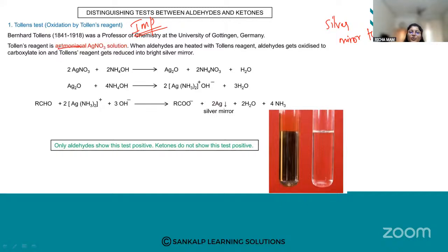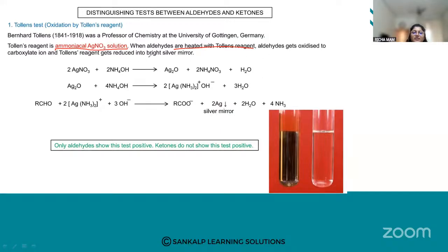It is the ammoniacal solution of silver nitrate. So what we are doing is taking aldehydes and heating them with Tollens reagent. What does it form?